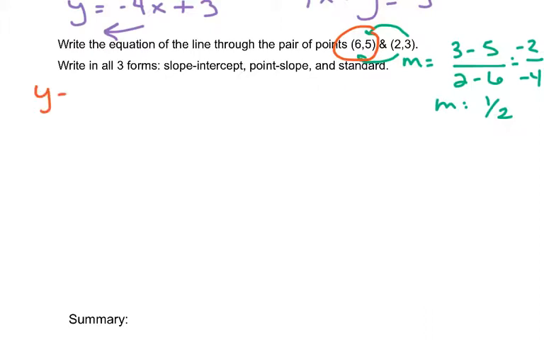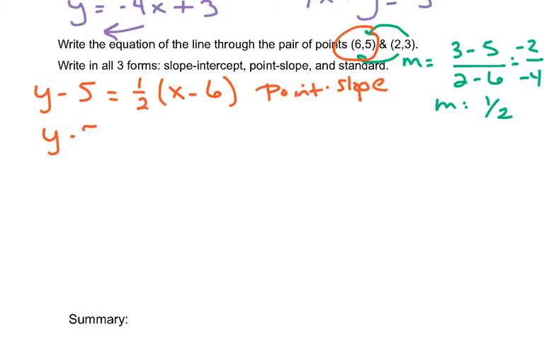So y minus our y coordinate equals our slope, 1/2, times x minus our x coordinate. Okay, so that is in point-slope form. Now we're going to simplify that to slope-intercept form.